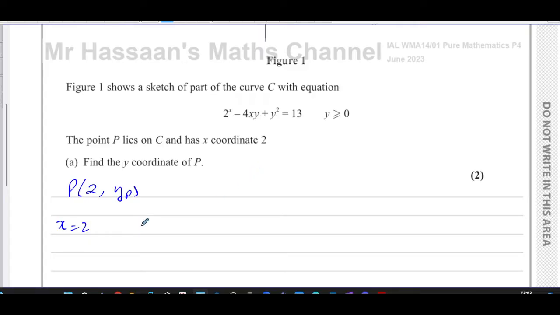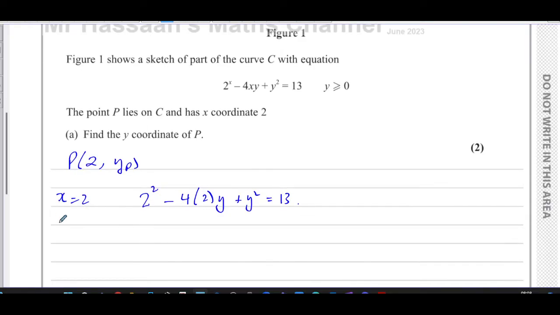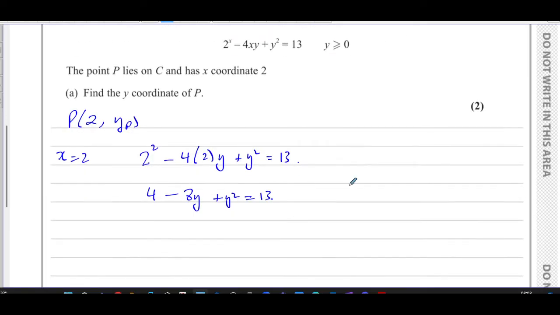So we have 2 to the power of 2 squared, minus 4 times 2 times y, plus y squared equals 13. So we have 4 minus 8y plus y squared equals 13. So we see we have a quadratic equation.